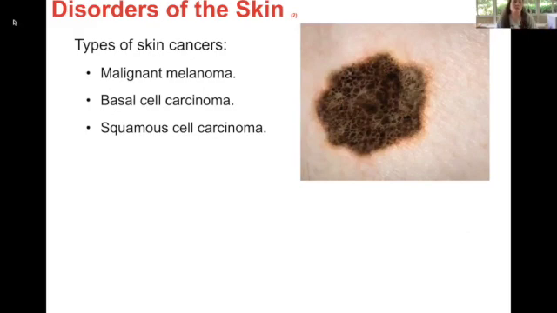Now, I mentioned before about basal cell carcinoma. So here you go. It's one of the types of skin cancer. So malignant melanoma, malignant is bad. When we talked about cancer in Bio 123, we talked about benign versus malignant.